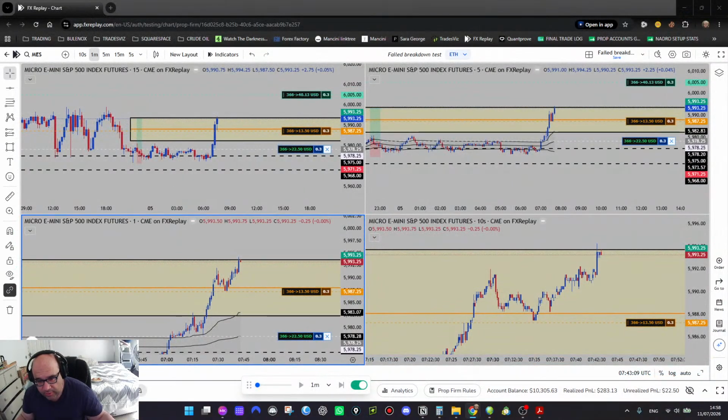Okay, and I'm gonna write also: stop remains below previous VWAP. That's it. Just gonna save it.